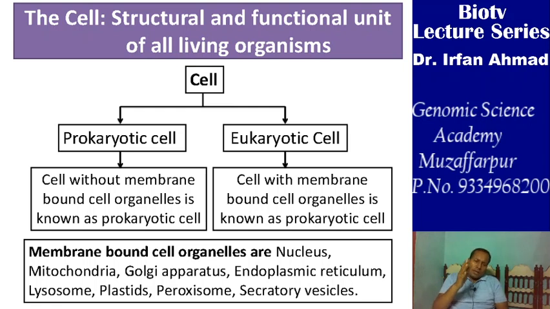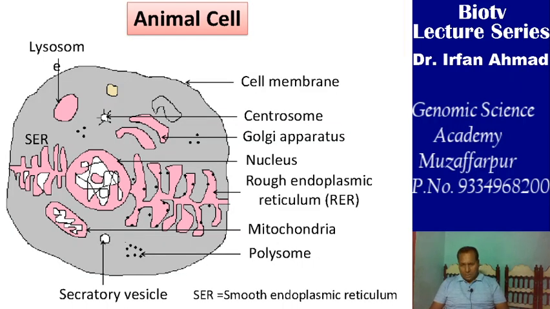So, eukaryotic cells are much more complex than prokaryotic cells. You can see here in this slide, this is the animal cell which contains several intracellular organelle systems, several intracellular membrane-bounded organelles. Nucleus is present. Rough endoplasmic reticulum is here in the case of the animal cell.